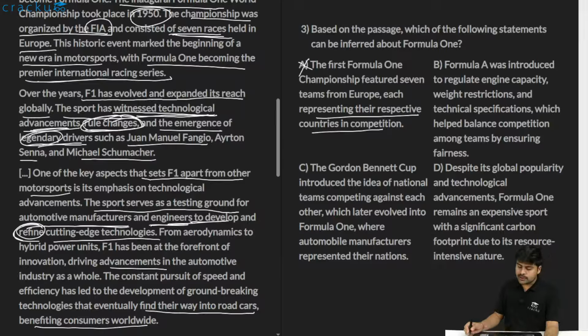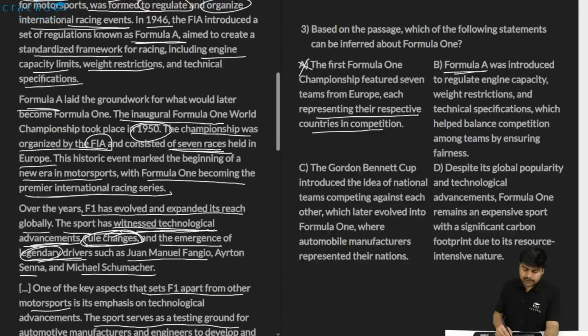Formula A was introduced to regulate engine capacity, weight restrictions, and technical specifications, which helped balance competition among teams by ensuring fairness. Yes, what the FIA did was introduce Formula A, they introduced regulations, and this ensured fairness.